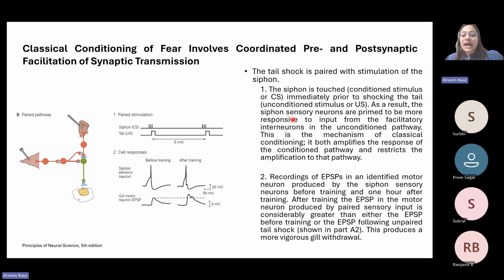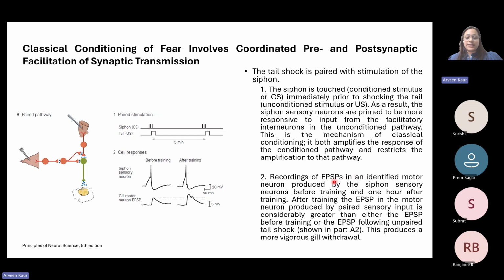As a result, the siphon sensory neurons are primed to be more responsive to input from the facilitatory neuron in the unconditioned pathway. This mechanism of classical conditioning both amplifies the response of the conditioned pathway and restricts the amplification to that pathway, right?